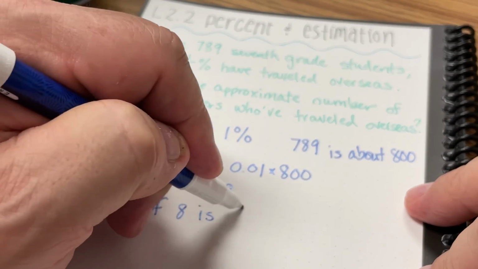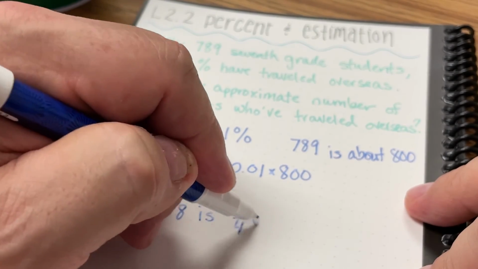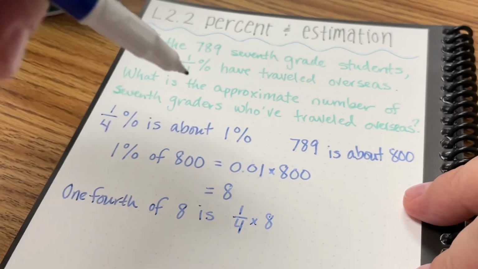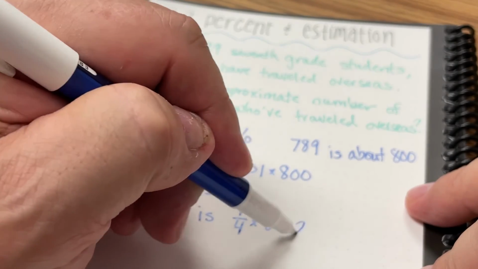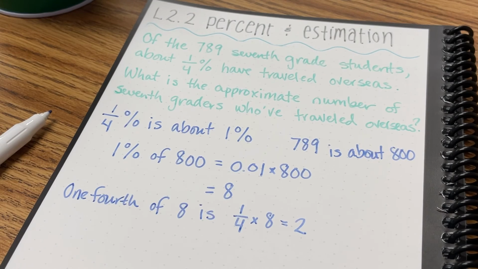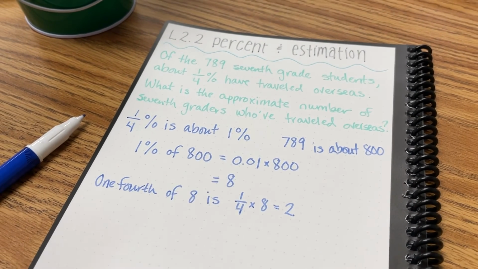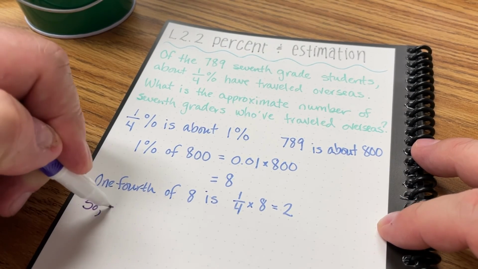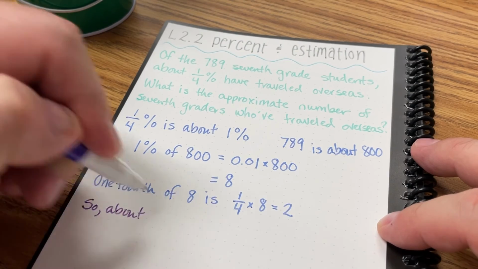And so that is 1/4 times 8, which is equal to 2. So at this point, I can say that of the 789 seventh grade students, about 2 of them have traveled overseas.